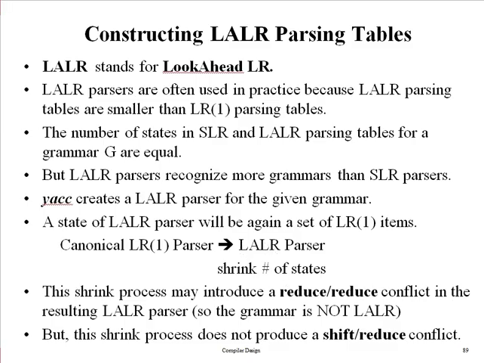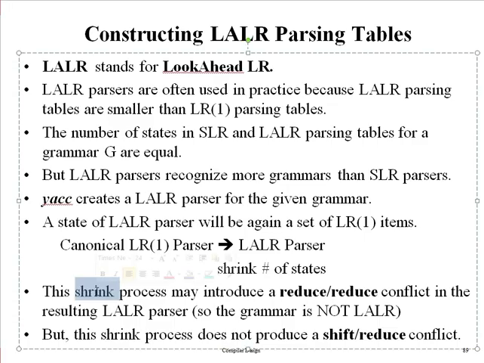And this merging process, or the shrink process, may introduce reduce reduce conflict, not shift reduce conflict. So reduce reduce conflict can be created in the shrink process, but shift reduce conflict cannot be created in the shrink process. And LALR parsers, like Yacc, are one example using the LALR parsing table for performing parsing tasks.